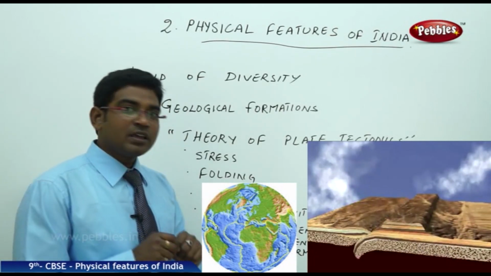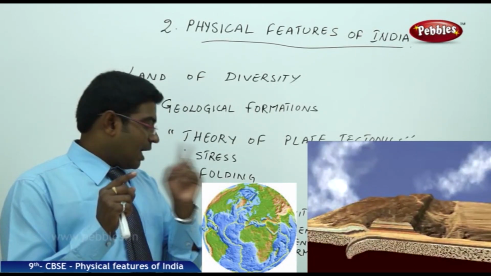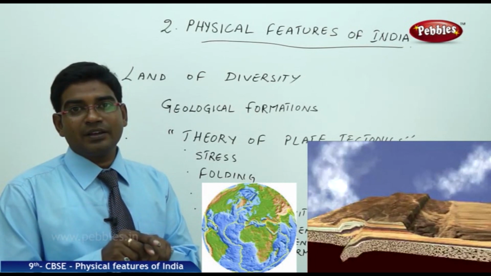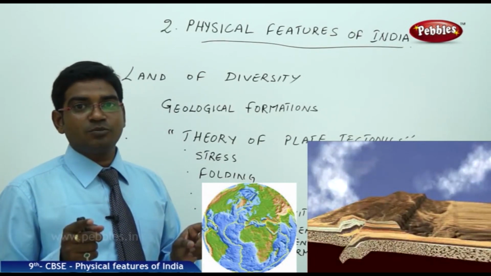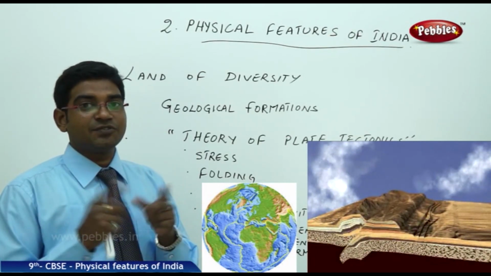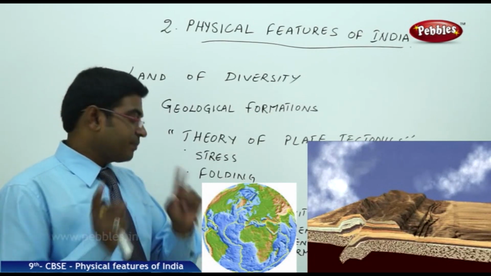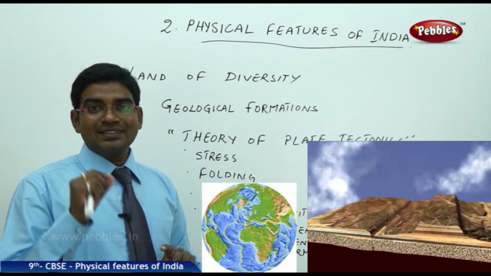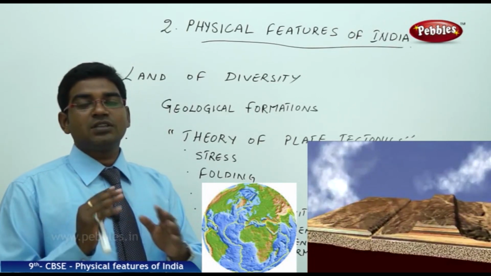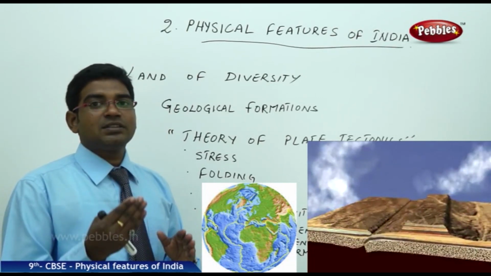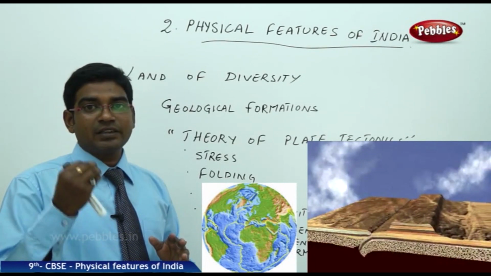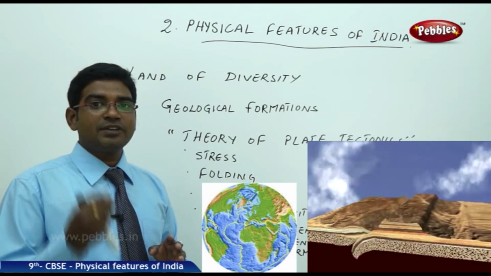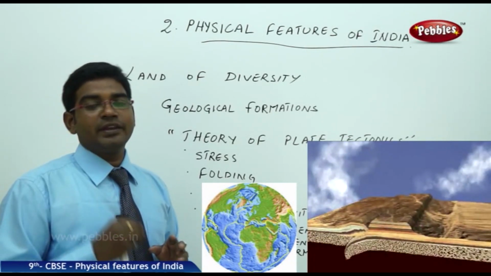The second, when one plate moves away from the other plate, that is called divergent movement. They are moving differently from each other. And the third is called the transform movement, which will change the momentum. Like this, the plates are the basic reason for the formation of the different landforms in India.